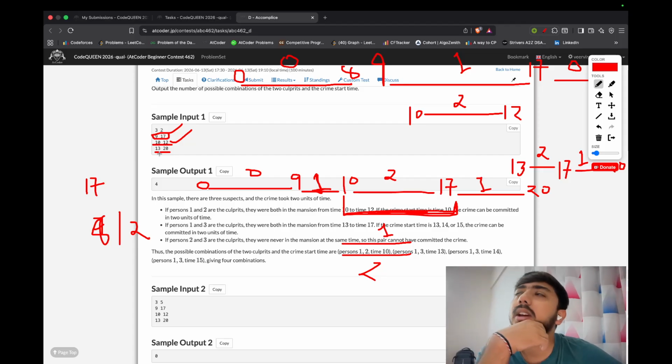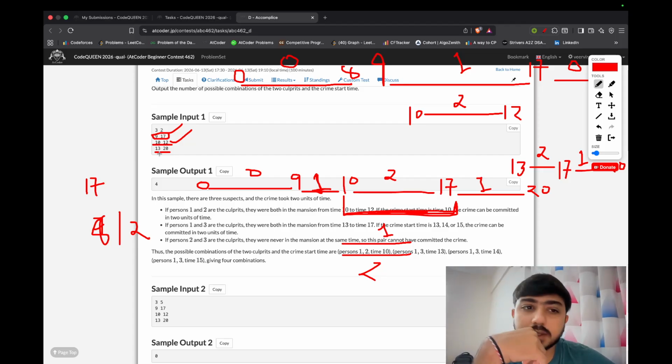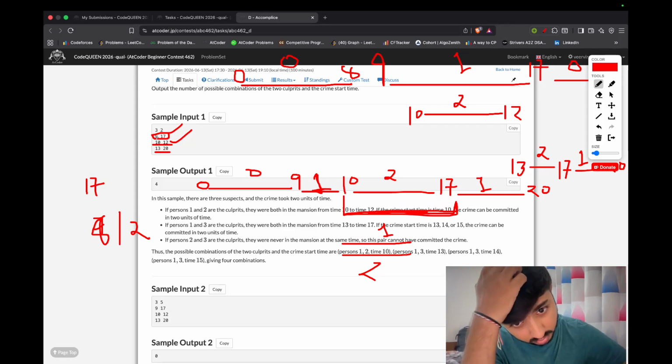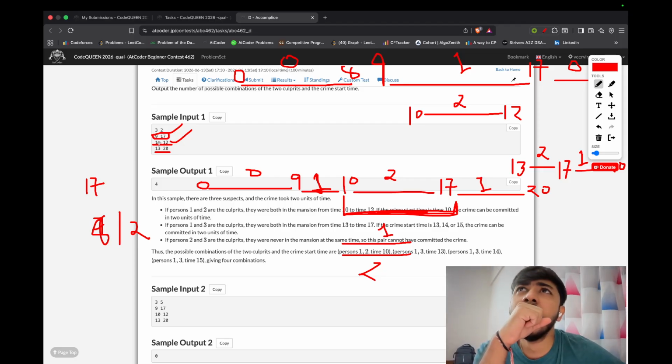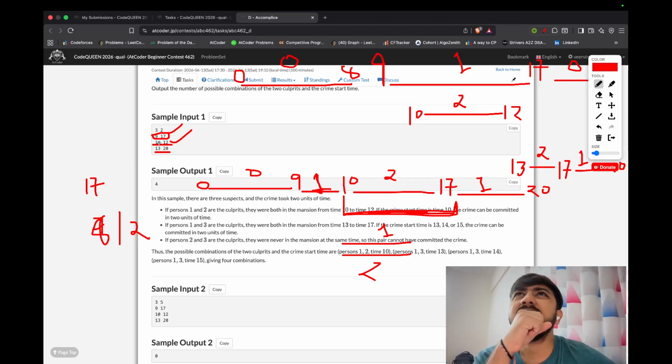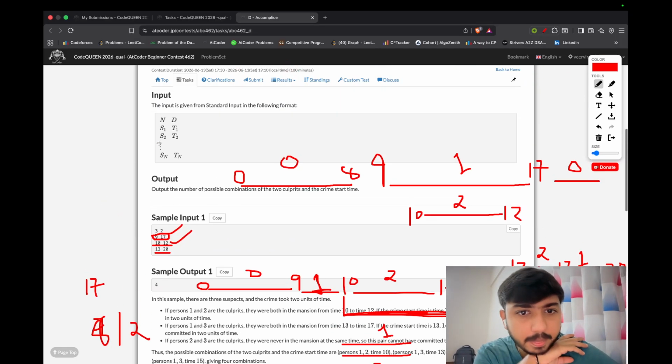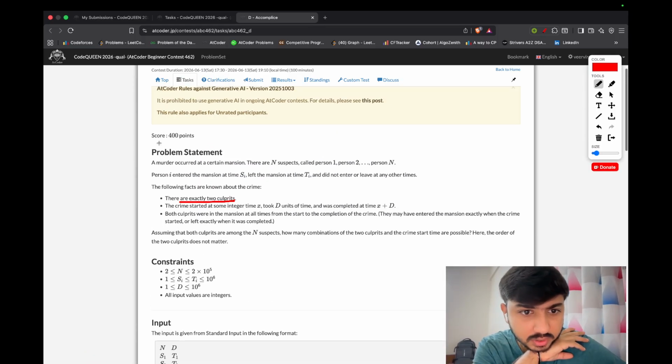Can you break the intervals? Let's say I break the interval with 0 to 9 as the first interval and 9 to 10 as the second. That's not good actually.